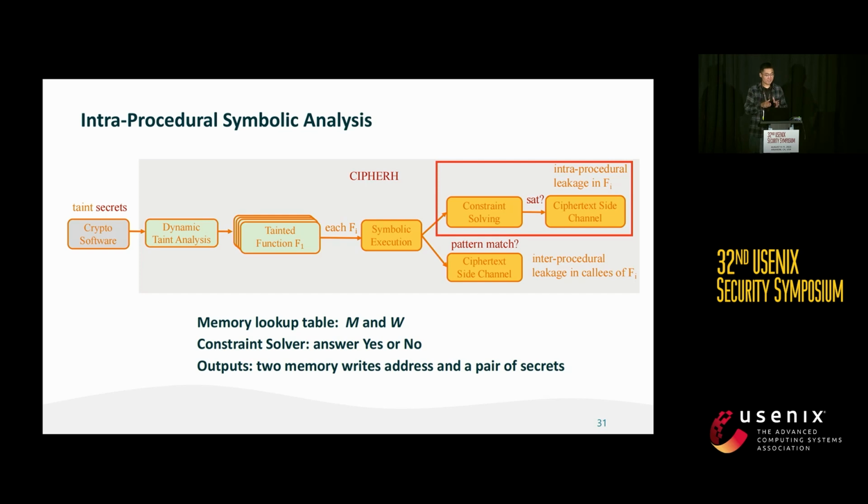Our symbolic analysis includes intra-procedure analysis and inter-procedure analysis. In intra-procedure analysis, we maintain two lookup tables. And if a constraint solver answers yes, it means that we have successfully identified vulnerabilities. And CipherH will output the memory write address and a pair of secrets.